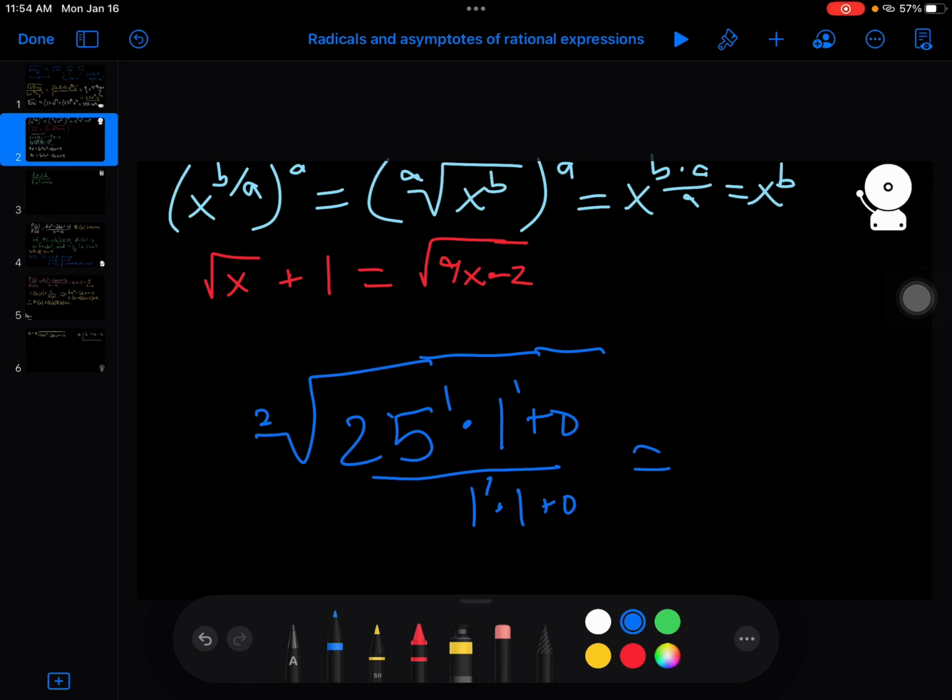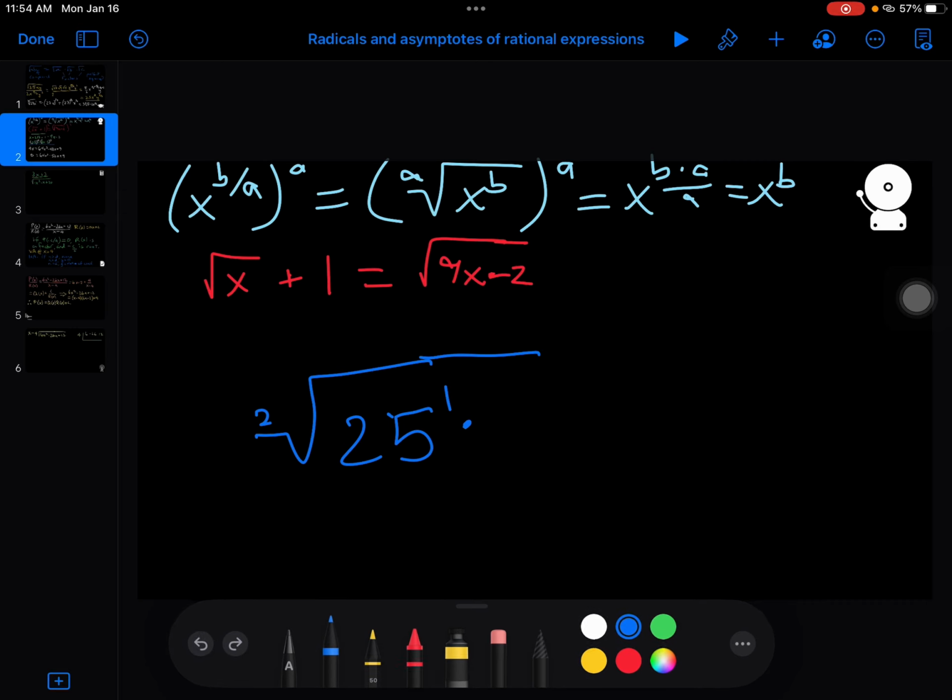The 2 there, for example, and the 1 exponent and the times 1 and the plus 0, are all identity properties. So we're left with the square root of 25 there.